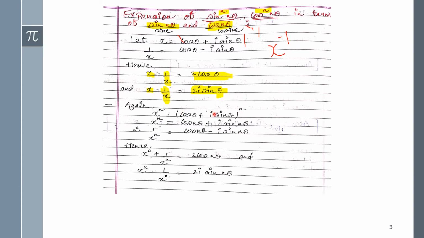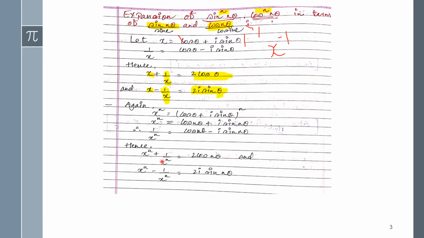Here by applying De Moivre's theorem, you get cos n theta plus i sin n theta. And same for 1 upon x raised to n form, of course it will be cos n theta minus i sin n theta. Hence again we will take the addition of these both and do one subtraction for these both the components.